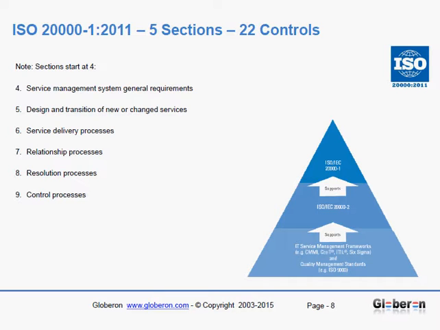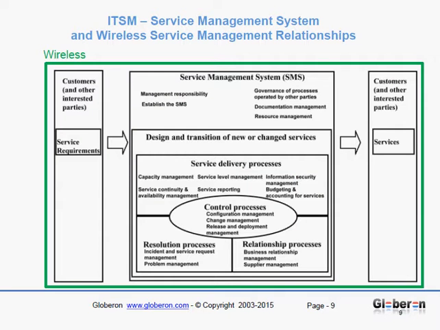In the triangle, you see actually the relationship between the other frameworks I mentioned earlier. So COBIT, ITIL, but other frameworks like Six Sigma, CMMI, or quality management standards all go into the ISO 20000 standard, which you see in the picture. So the IT Service Management System covers a lot.